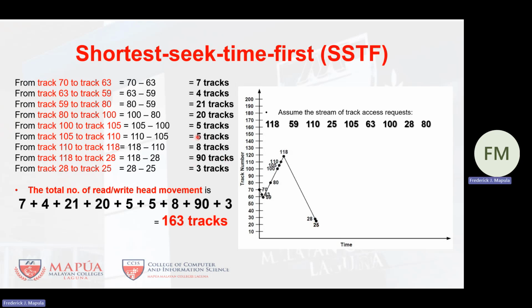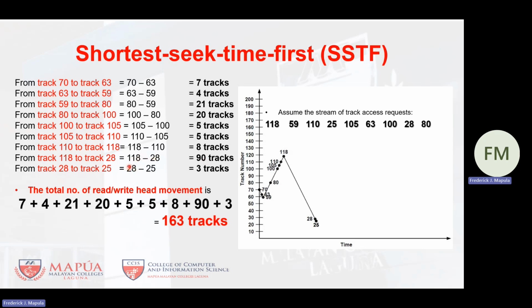Okay, so we're going to do the math. From 70 minus 63, 7. 63 to 59, 4. 80 minus 59, 21. 100 minus 80, 20. 105 minus 100, 5. 110 minus 105 is 5. 118 minus 110 is 8. 199 minus 28 is 90-something.